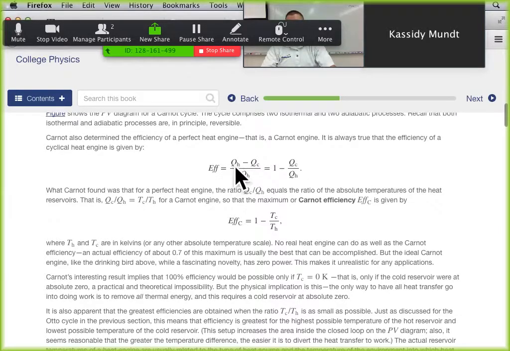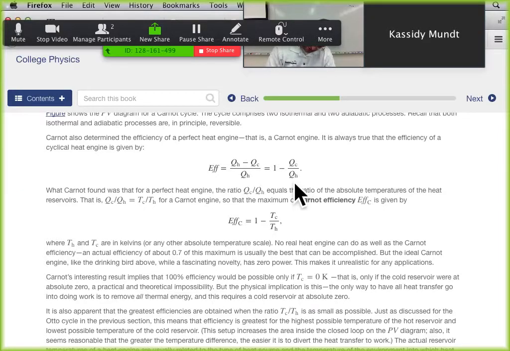You have the heat coming into the hot side of the engine, subtract off the heat that's leaving on the cool side of the engine, and divide it by the heat coming in on the hot side. You can simplify this to 1 minus QC over QH, and for the Carnot cycle, QC over QH equals TC over TH because of what the Carnot cycle is.